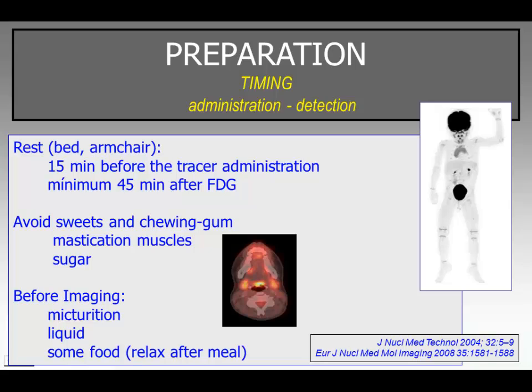We have to avoid sweets and chewing gum, even without sugar, because they activate the mastication muscles, and the sugar can increase the glycemia. And before imaging, 45 or 60 minutes after the injection, we have to ask the older children to urinate, to drink liquids, and to eat some food in order to profit from the relaxation after the meal to obtain the images.